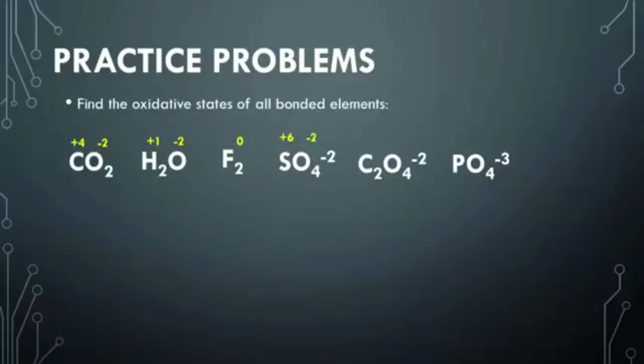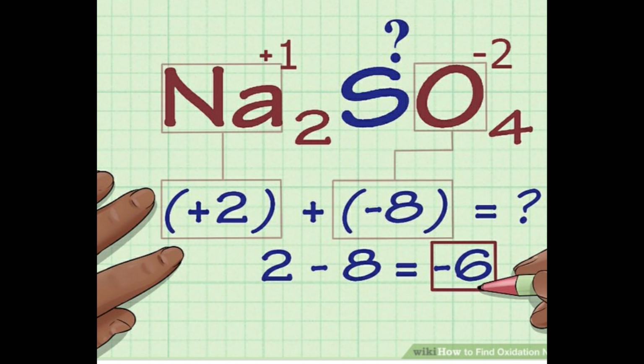Here is one more example of how to calculate the oxidation number of elements in a compound. In this compound, sodium sulfate, we can find the oxidation number of sodium and oxygen on the periodic table, but sulfur has many choices for oxidation number, so we must calculate it. Since we have 2 sodiums, the total charge of sodium is +2.